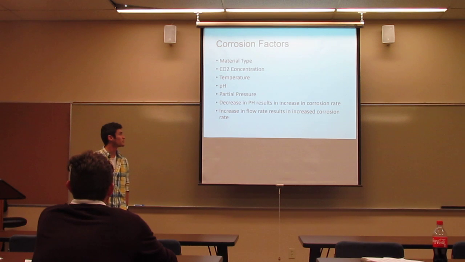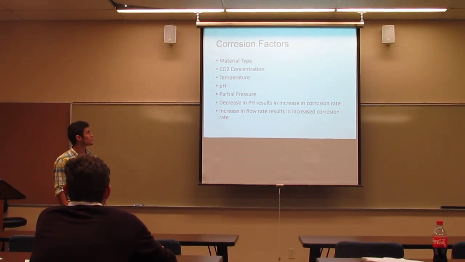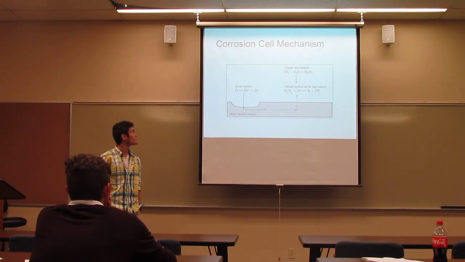Corrosion factors are going to be material type, CO2 concentration, temperature, pH, partial pressure. A decrease in pH results in an increase in corrosion rate, and an increase in flow rate also increases corrosion rates. There's a cell mechanism.